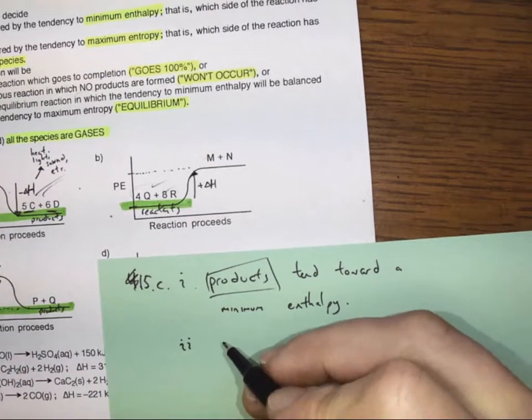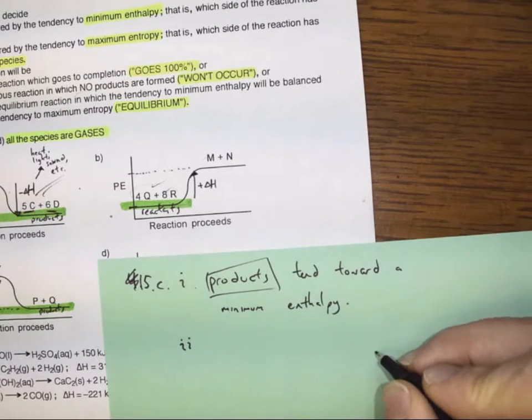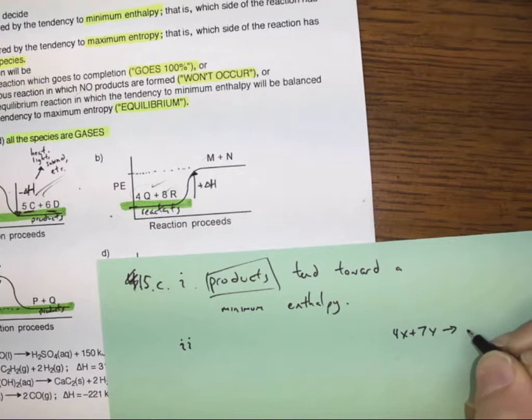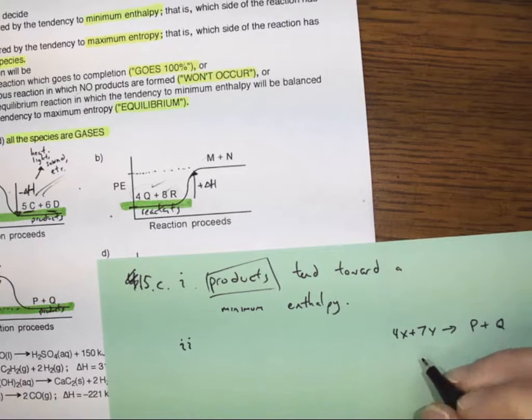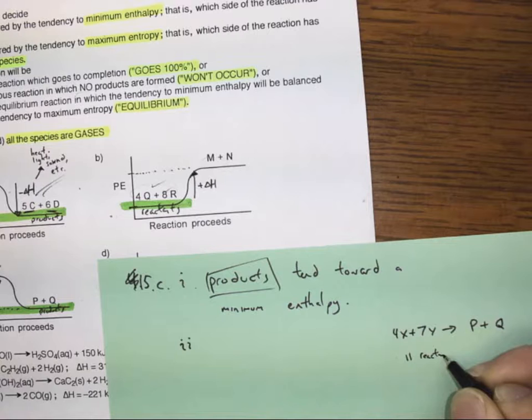All right, and now entropy. For the entropy, I'm going to write out the reaction here. 4x, and I've got 7 y's, and they all react together to form 2 bigger, fatter molecules with all those atoms all piled inside here. And so that means we have 11, 4 plus 7 is 11, reactants versus 2 products.